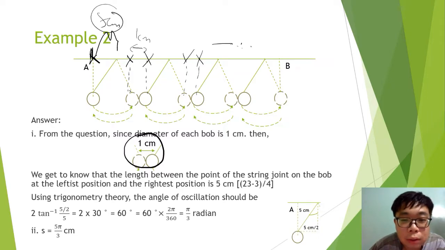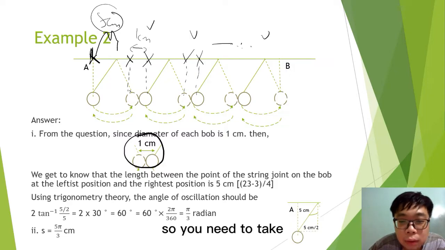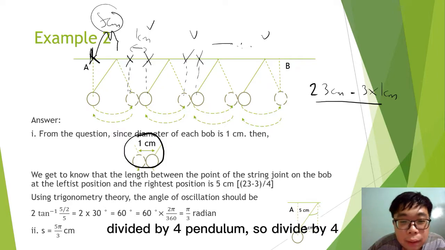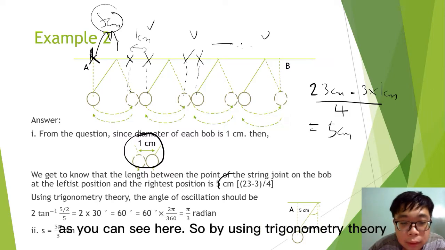Why? Because you have 1 centimeter, so you need to take 23 centimeter minus 3 times 1 centimeter, divided by 4 since you have 4 pendulums. So you will get 5 centimeter, as you can see here.